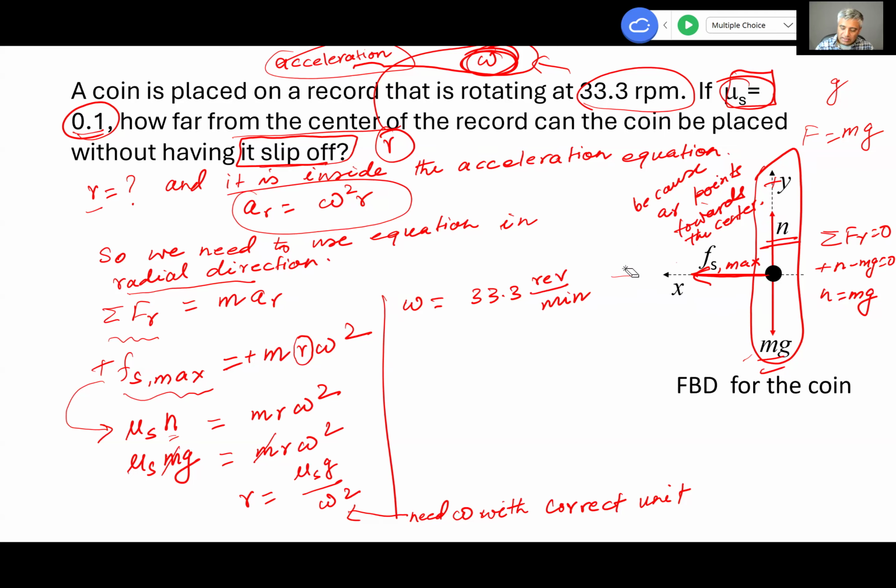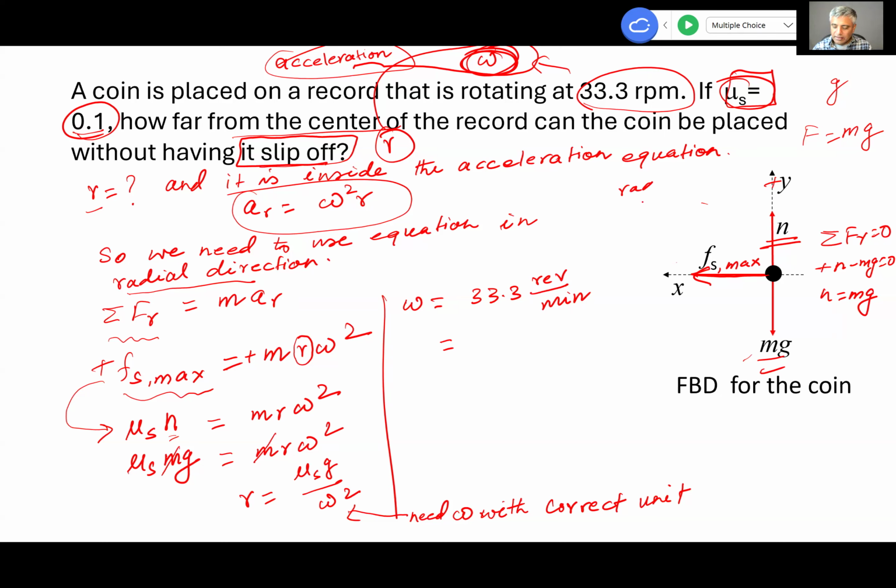So let me clean this up a little bit here. We want this in terms of radian per second. So we have to convert minute into seconds, which we all easily know how to do. How about revolution to radian?